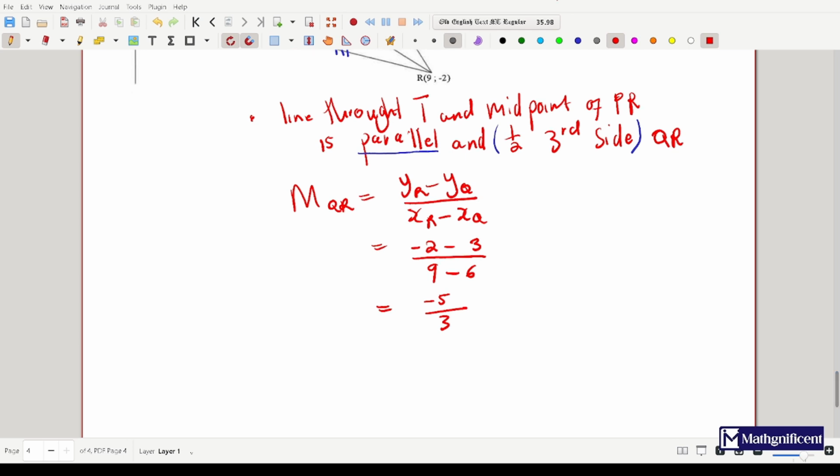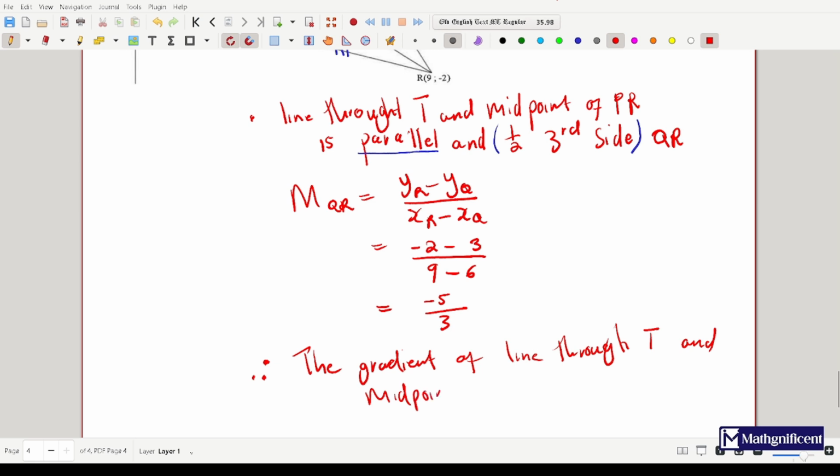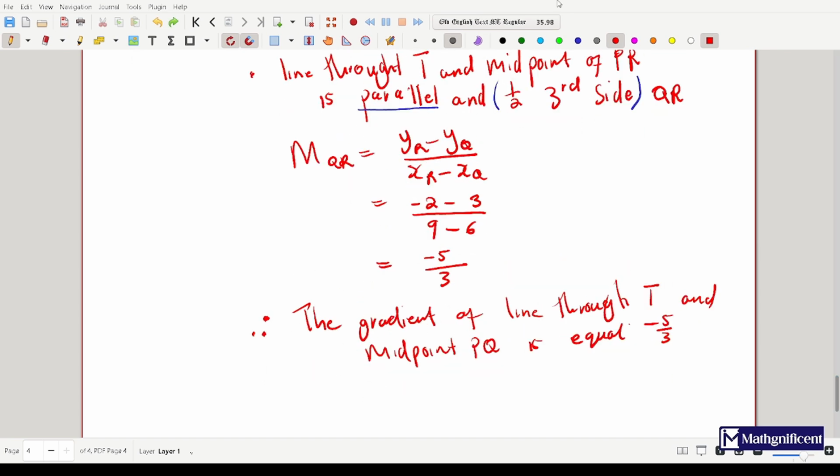So we can now conclude that therefore the gradient of the line through T and the midpoint of PR is equal to -5/3, since the two lines are parallel, right?